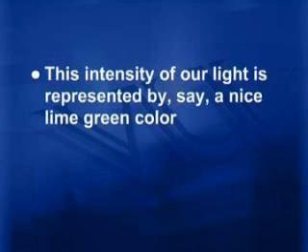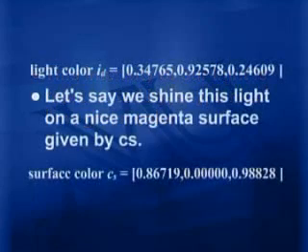The intensity of our light is represented by, say, ID, which is a nice lime green light. Let's say that the light color, represented as ID, is given by the triplet 0.34765, 0.92578, 0.24609.